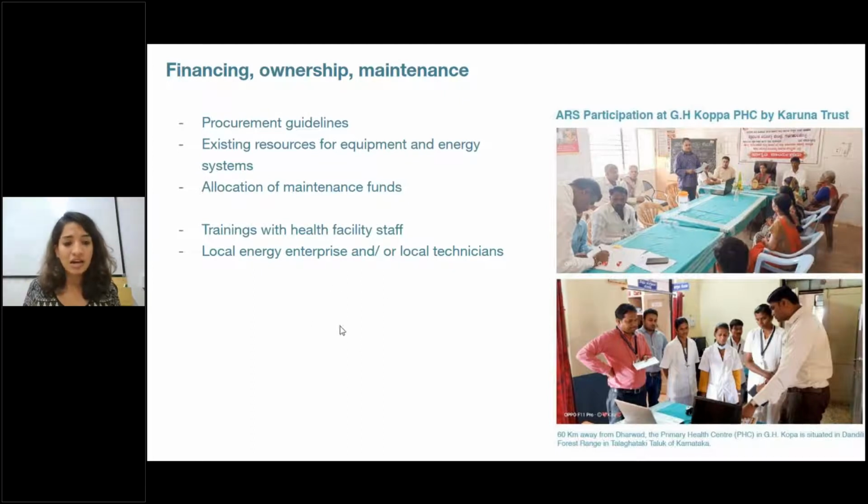So having health staff trained to utilize the appliances and run them is a critical component. And of course, making sure that there are at least local technicians or a local energy enterprise that's signing on to maintaining this on a regular basis and coming in for servicing. Next.